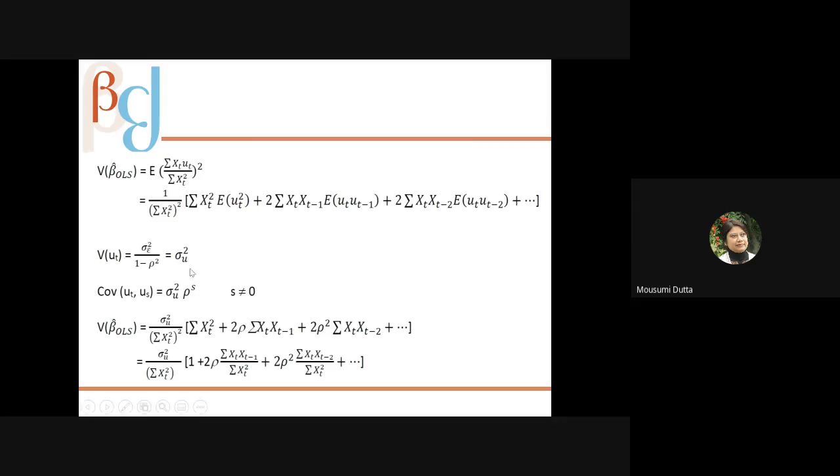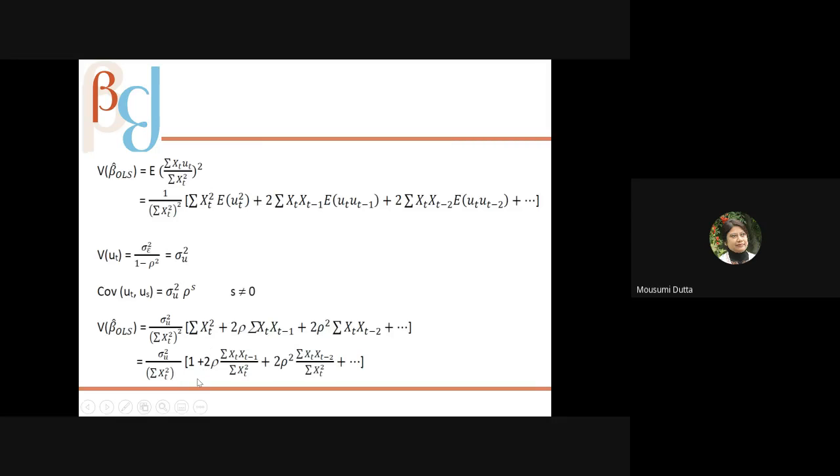So I'm taking sigma u square common from these terms and I'm left with summation xt square. Here there was rho, so 2 rho into summation xt xt minus 1. For the second term, when I'm considering the second order, I have rho square. So this series is coming if I take sigma u square common.